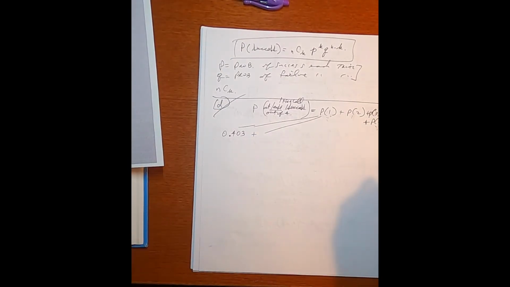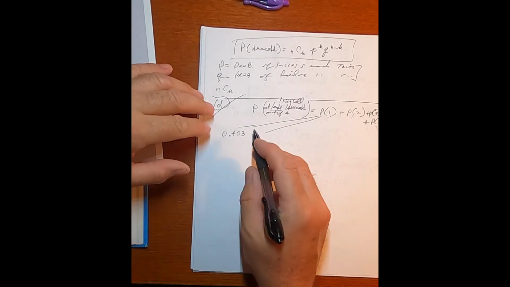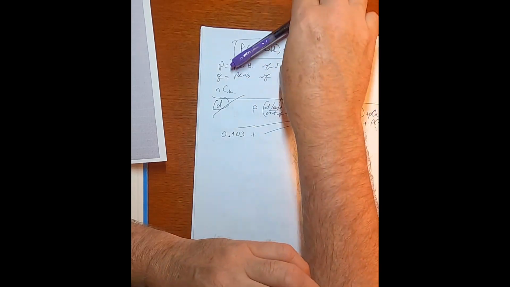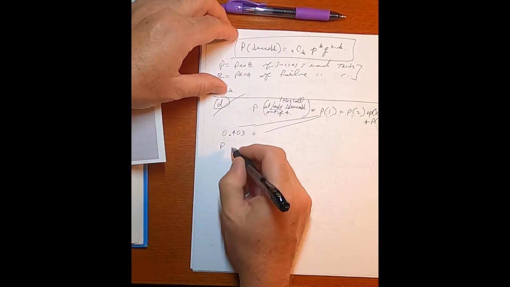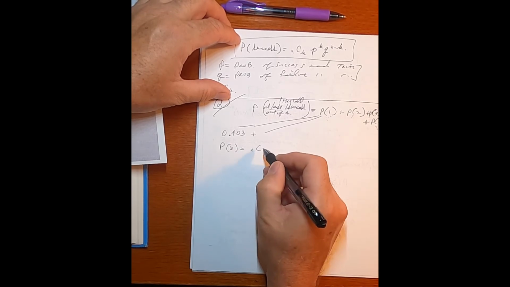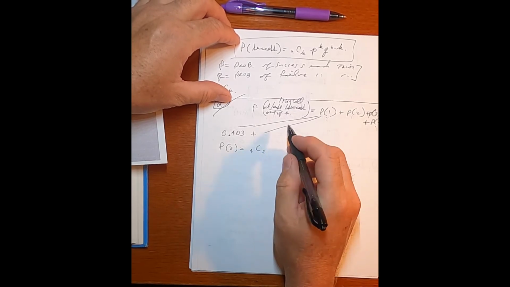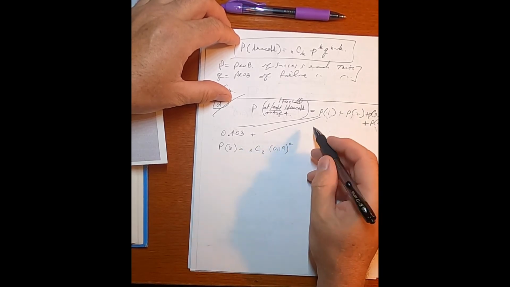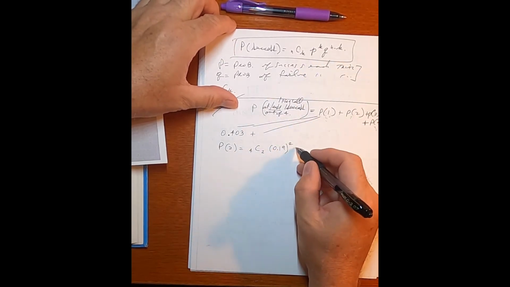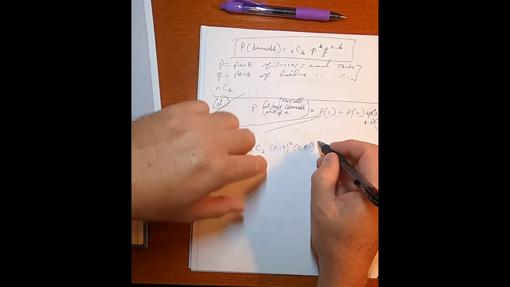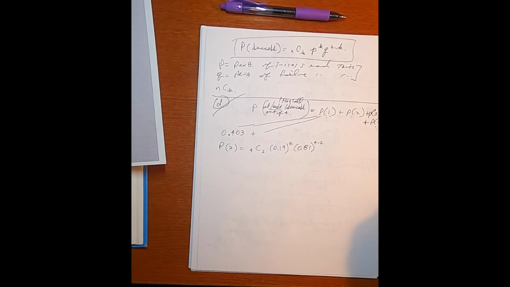Like I say, the counter would come in handy here. So let's put in what we have for the probability of 2. I'm going to get 4C2, 0.19 to the 2, and then 0.81 to the 4 minus 2.